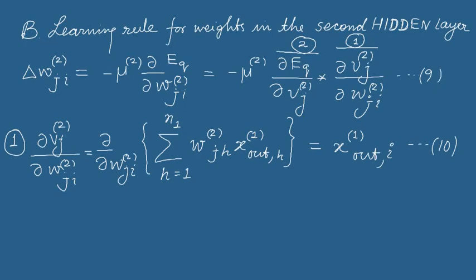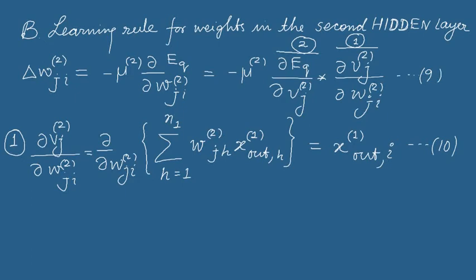So if we use the same steepest descent method, then we will use this term mu and the partial derivative of the instantaneous error for the qth input pattern with respect to Wji.